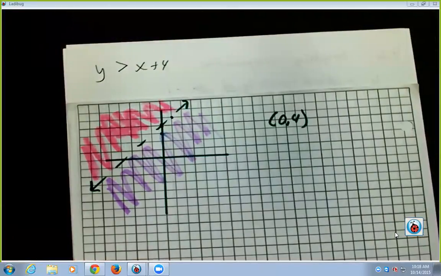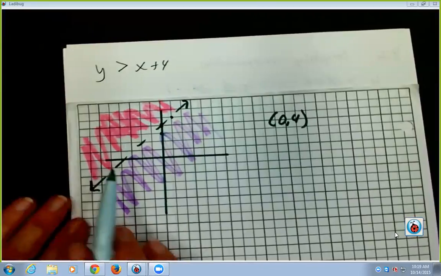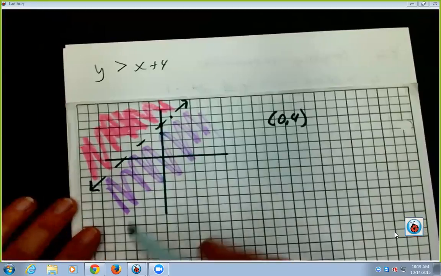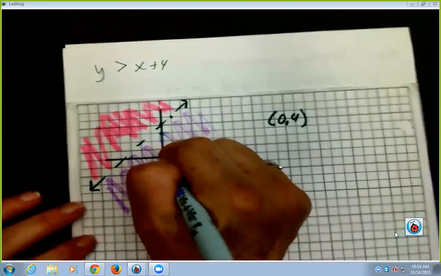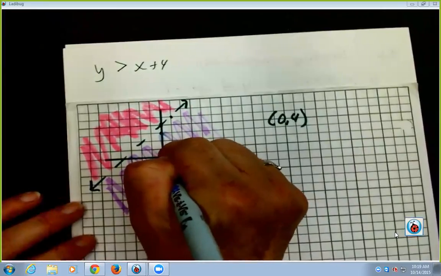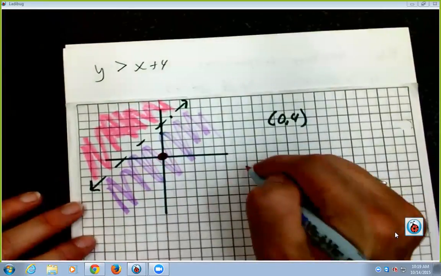And so we need to decide what side makes this thing work. What side is a true solution to this? What side is going to be the one I can pick points out of? And so if I look at that, I can pick a test point. My usual test point is 0, 0, the origin.